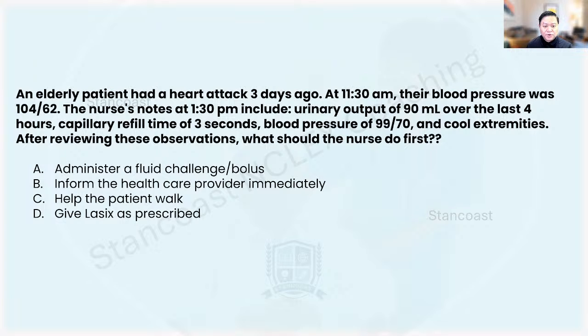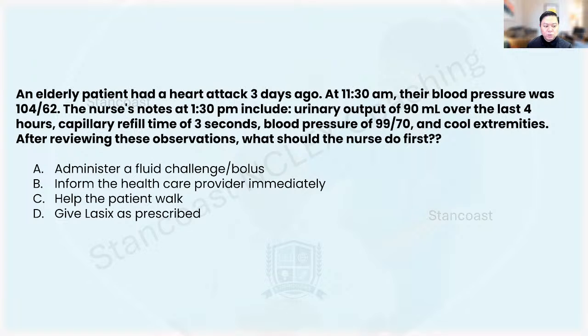At 11:30 a.m., their blood pressure was 104/62. The nurse's notes at 1:30 p.m. include urinary output of 90 mLs over the last 4 hours, capillary refill time of 3 seconds, blood pressure of 99/70, and cool extremities. After reviewing these observations, what should the nurse do first?